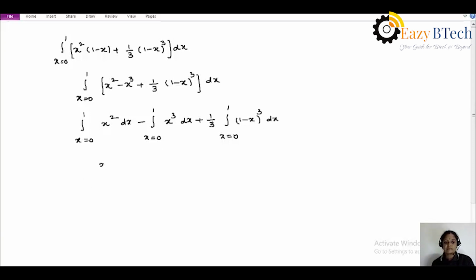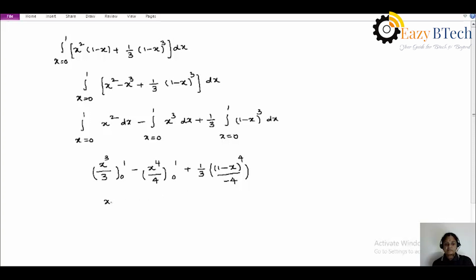The integration of x square is x cubed by 3 from 0 to 1, the integration of x cubed is x power 4 by 4 from 0 to 1, and plus 1 by 3 into the integration of 1 minus x whole cubed is 1 minus x whole power 4 by minus 4, because here minus x is there, so the differentiation of x becomes minus 1 while writing the denominator value.